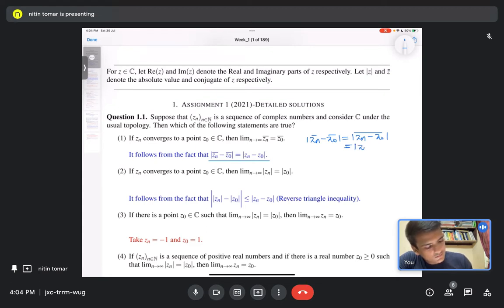So it can be written as mod of Zn minus Z naught. So if mod of Zn minus Z naught goes to 0 as n tends to infinity, this implies mod of Zn bar minus Z naught bar also goes to 0 as n tends to infinity. Hence the first option is true.